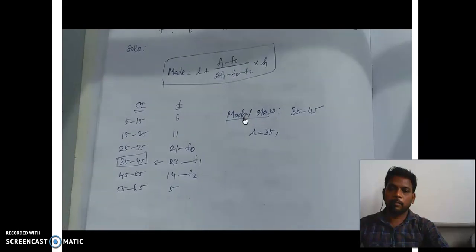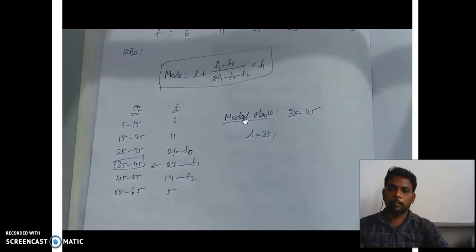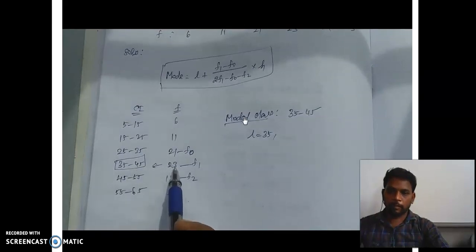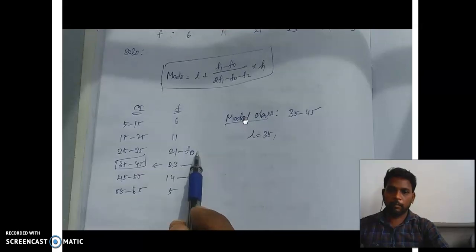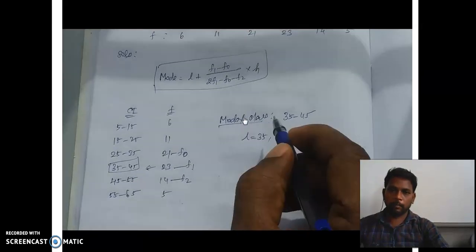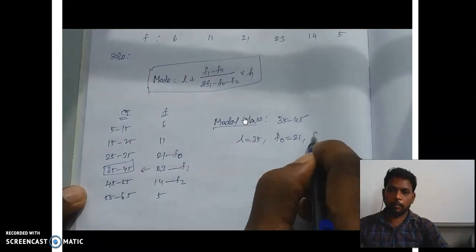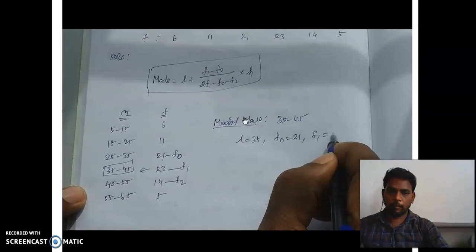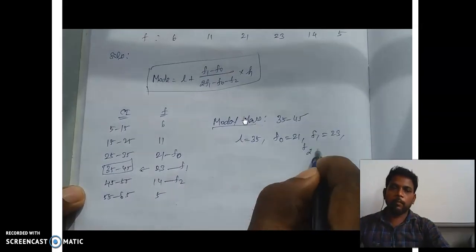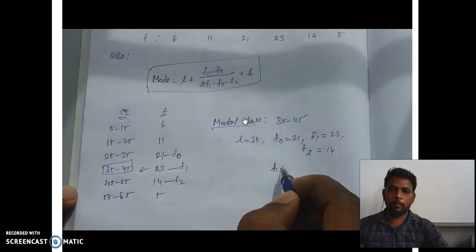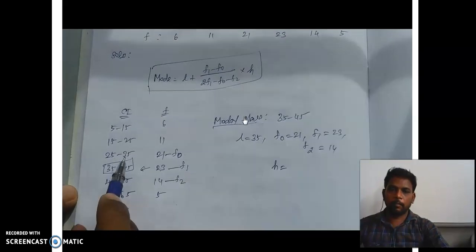Once again, the corresponding frequency of the modal class is F1, the previous one is F0 and the succeeding value is F2, that's it. So F0 equals 21, F1 equals 23 and F2 equals 14. And what is H? H is the length of the class interval, so the length is 10.